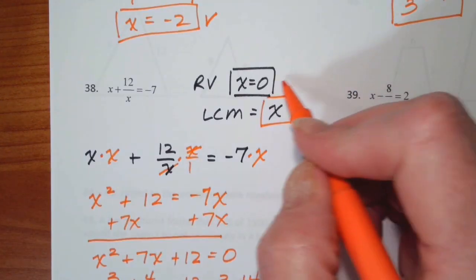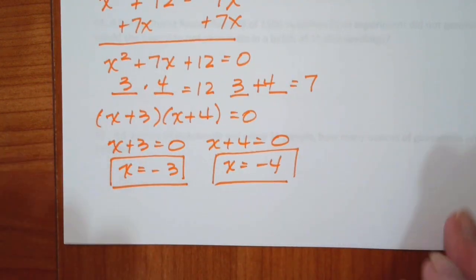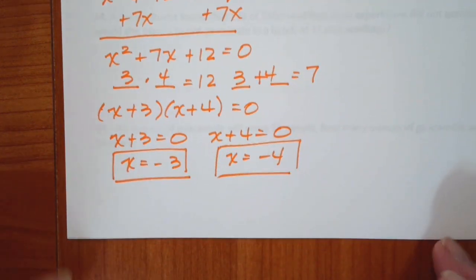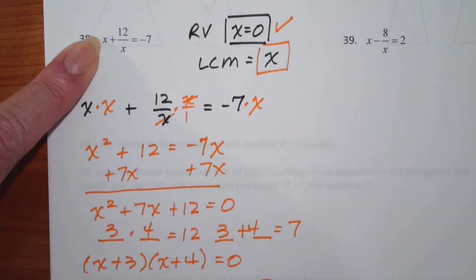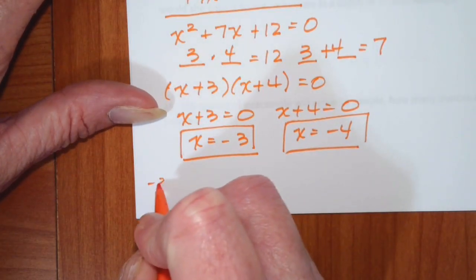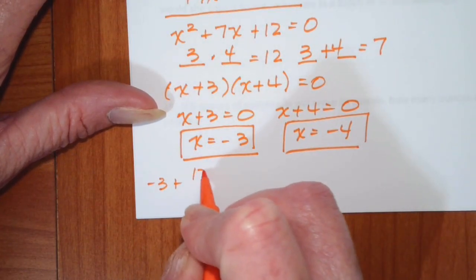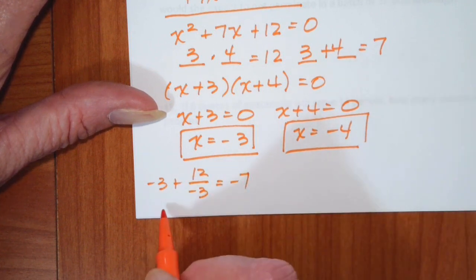So here x is negative 3 and here x is negative 4. Okay, so I've checked them against my restricted values. That's good. So now I just want to check them for accuracy. Okay, so I can do this pretty quickly. I want to know if for negative 3, negative 3 plus 12 divided by negative 3 is equal to negative 7.